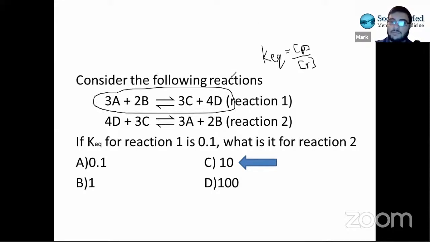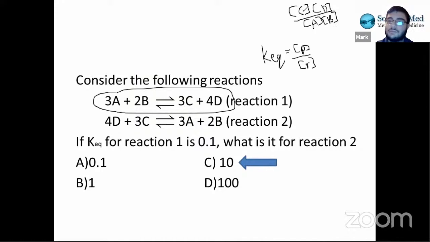I'll pretend I'm using the coefficients, but it's just annoying to write. It would be C over D is equal to A times B, right? And they would have the proper exponents. So A would have 3, B would have 2, C would have 3, D would have 4, right?